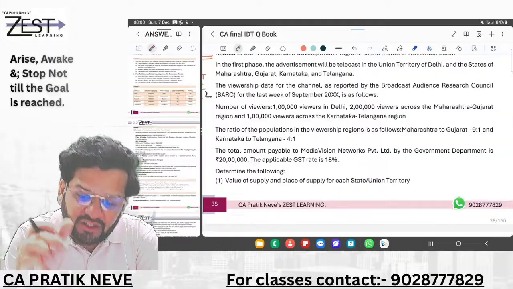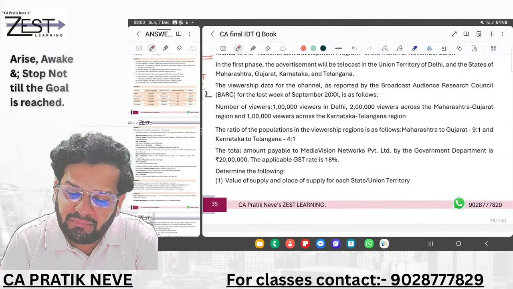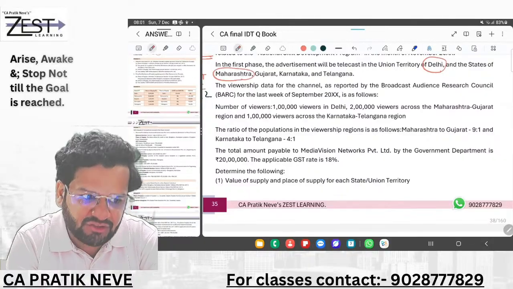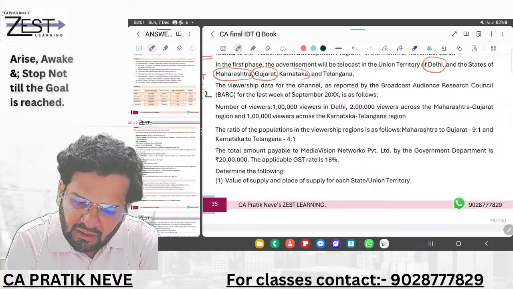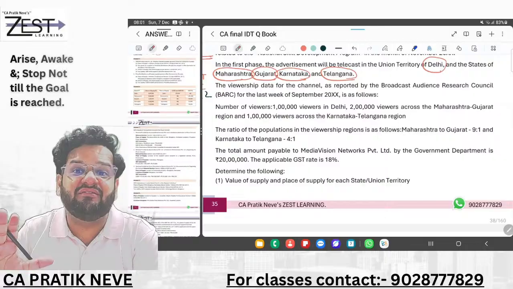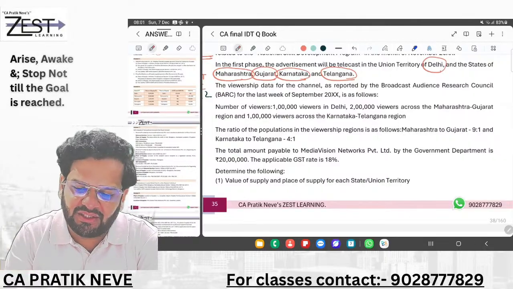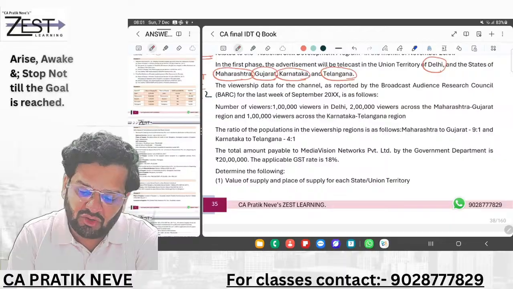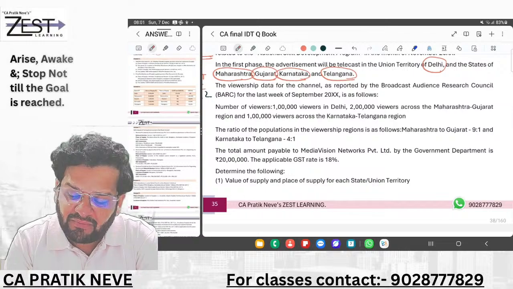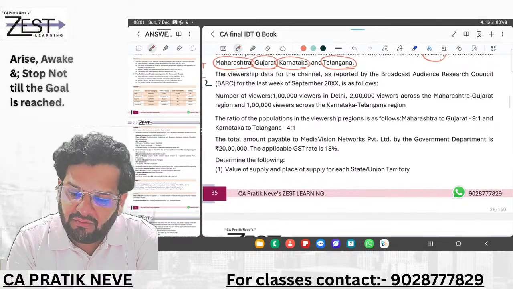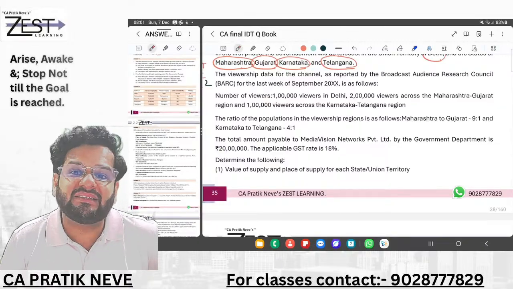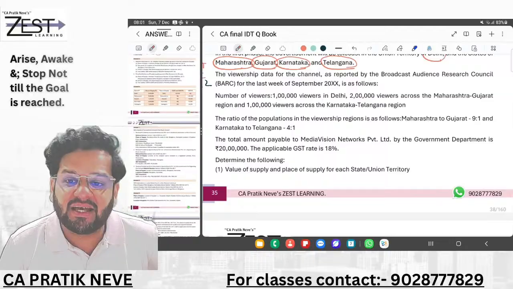In the first phase, the advertisement will be telecast in Delhi, Maharashtra, Gujarat, Karnataka, Telangana. So these 5 states, you can say, one UT, Delhi, and other 4 states. So you can say these 5 regions. The viewership data for the channel, as reported by BARC, that is Broadcast Audience Research Council, for the last week of September is as follows.